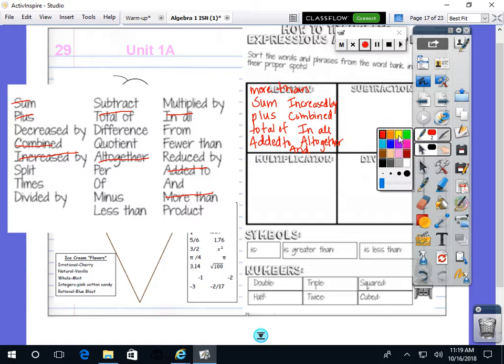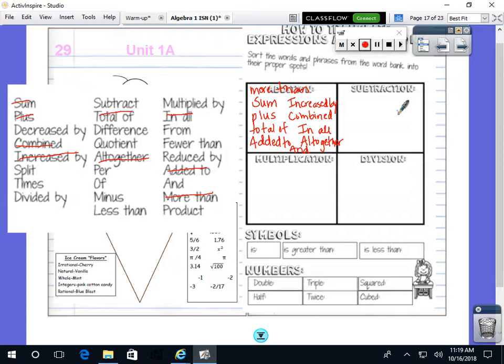Now let's talk about some words that mean subtraction from that list. Decrease by, minus, difference, less than. Okay, so we got decrease by, we got minus, we got less than, we got difference. Okay, subtract.